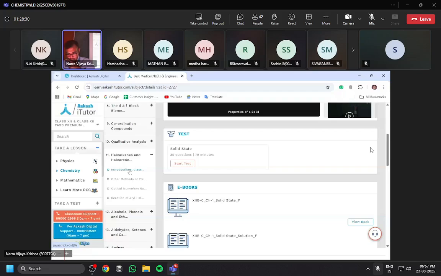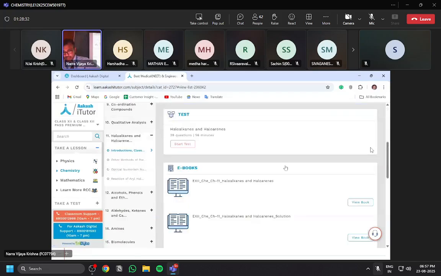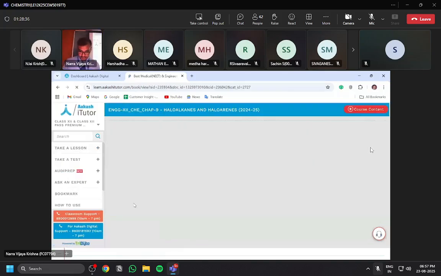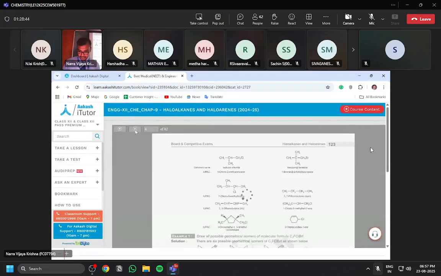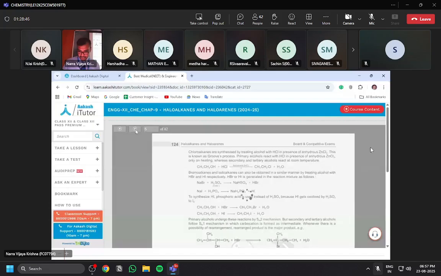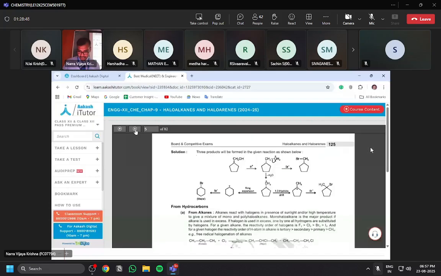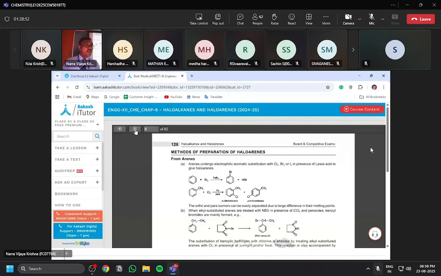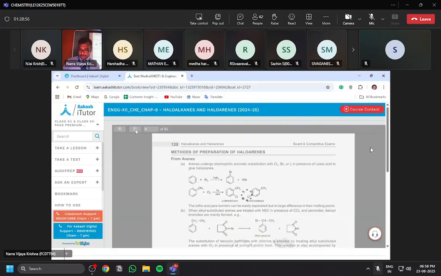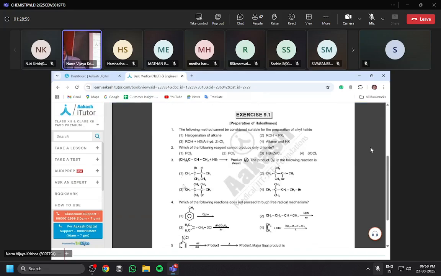So from there, I am taking the 24-25 book. What is the page number? Exercise 1. This one only.